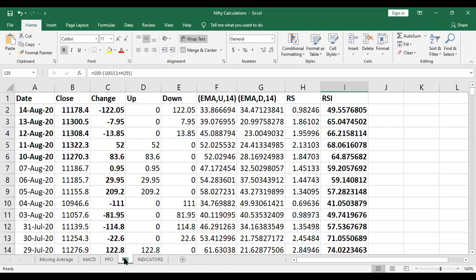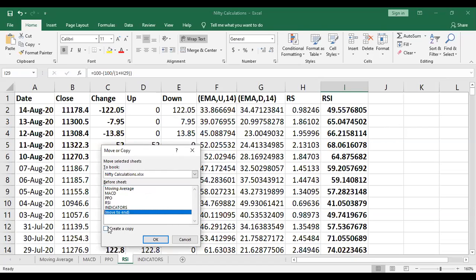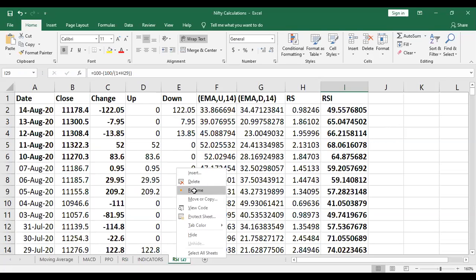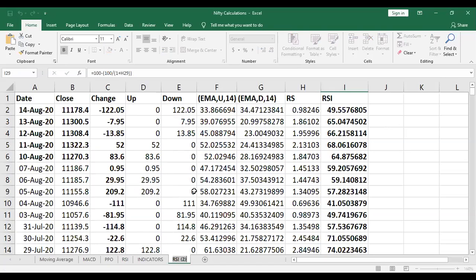So I will make a copy of this sheet because we require the same data for the stochastic RSI. In the stochastic RSI, we require the same data up to the RSI.